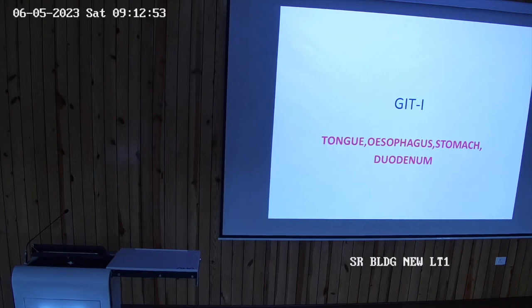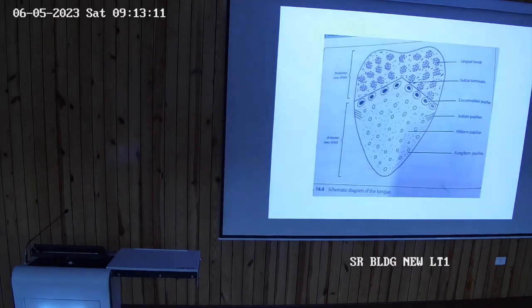The dorsal surface of the tongue is rough, while the visceral surface of the tongue is smooth. The reason why it is rough is that the dorsal surface of the tongue is lined by a large number of papillae.